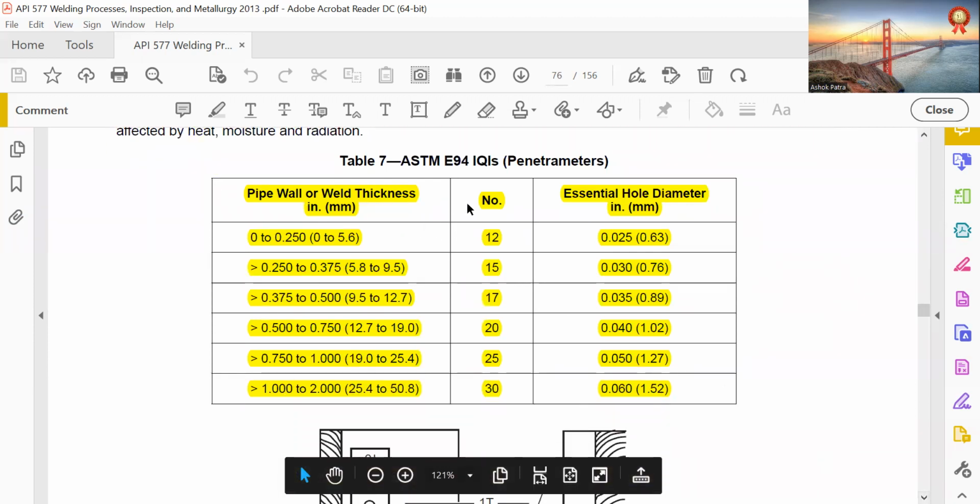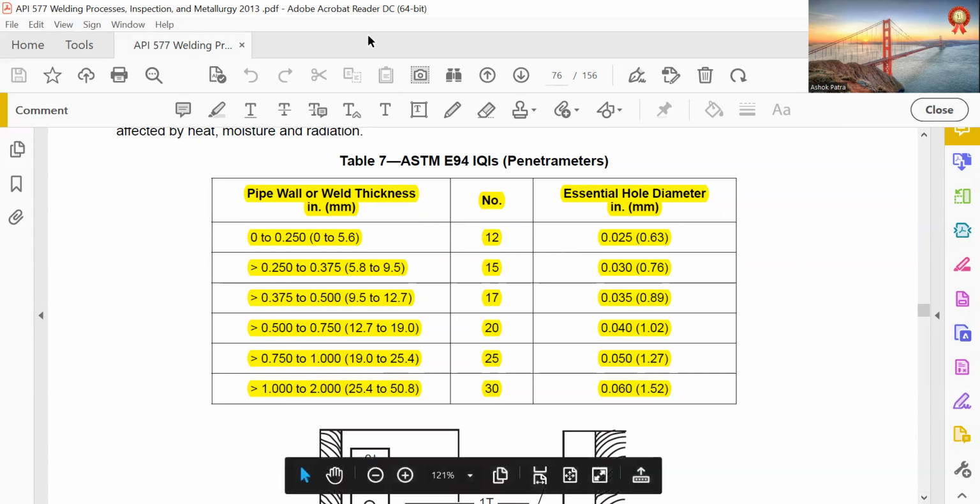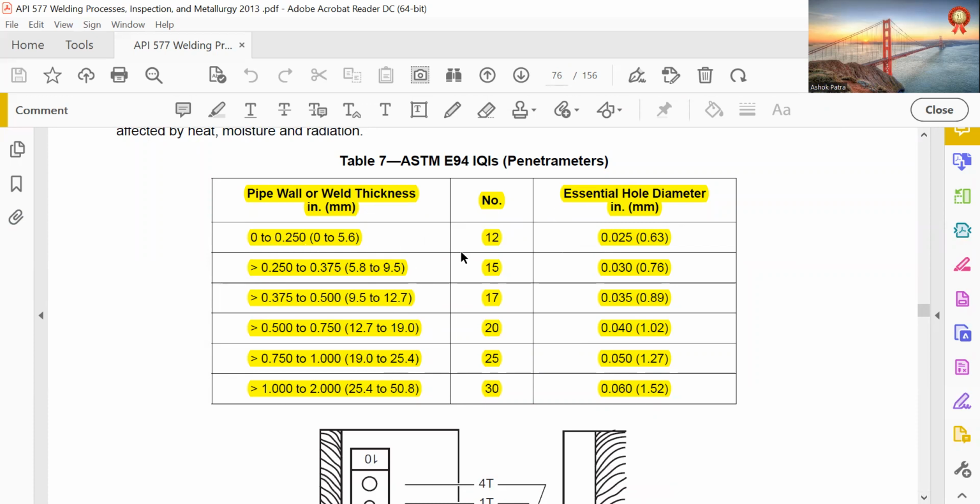Pipe wall or weld thickness in mm. Essential hole diameter. So that is as per section 5 of this. 0 to 0.25, essential wire 0.025. So 0.025 to 0.375, 0.030, that is 12, 15, 17, 20, 25, 30.